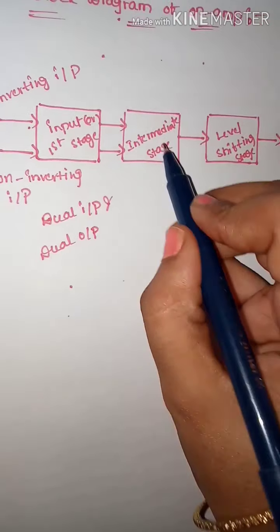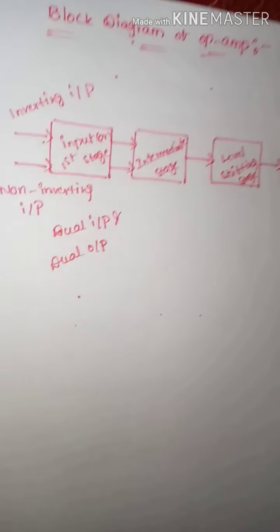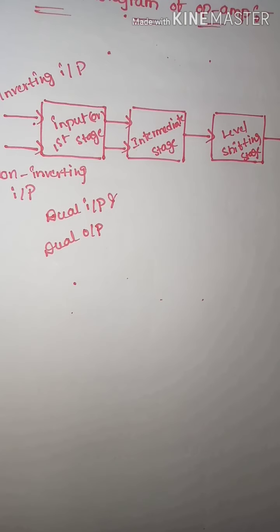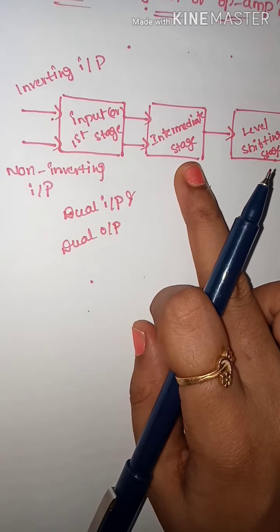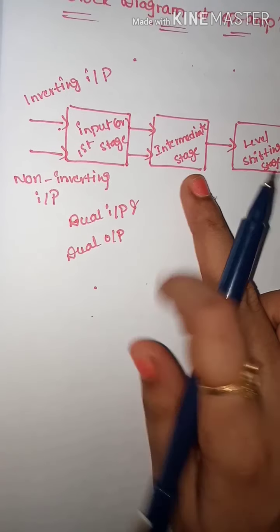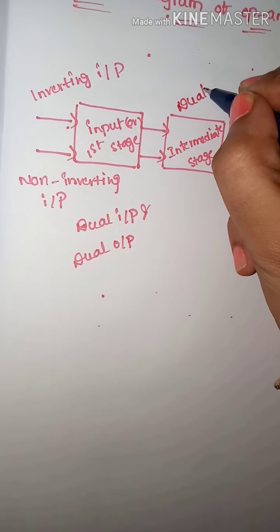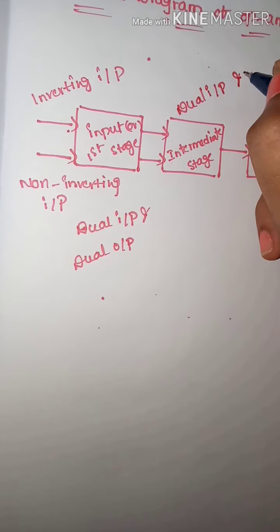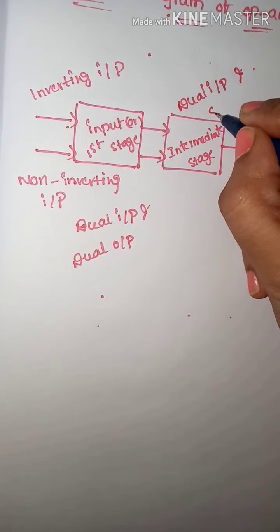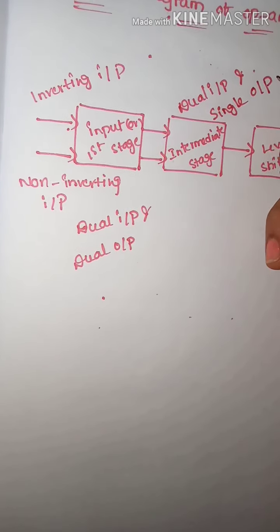Coming to the next stage, the intermediate stage. The second stage is the intermediate stage. This stage is generally dual input and single output. That is dual input and single output.